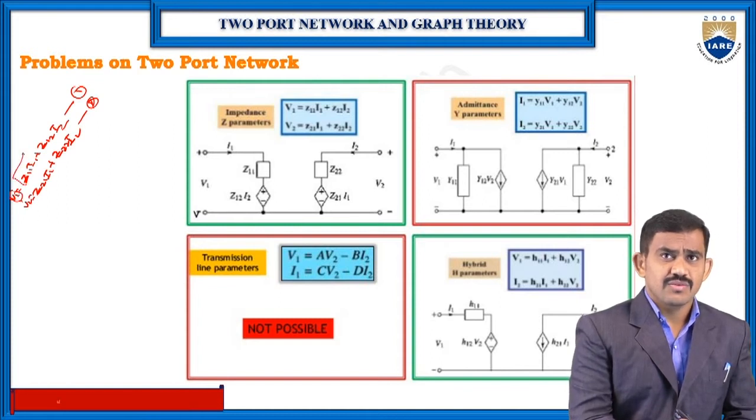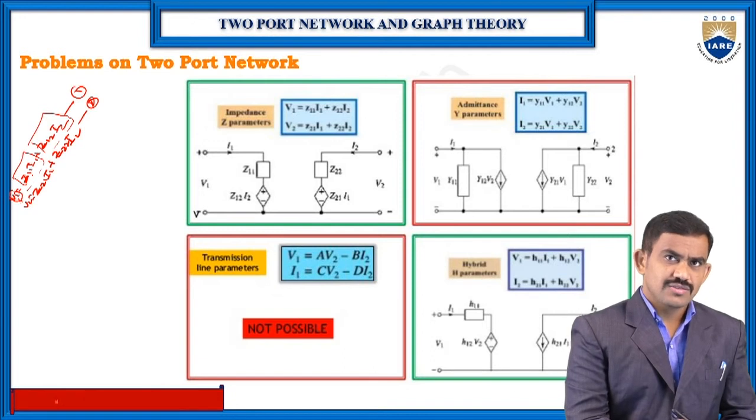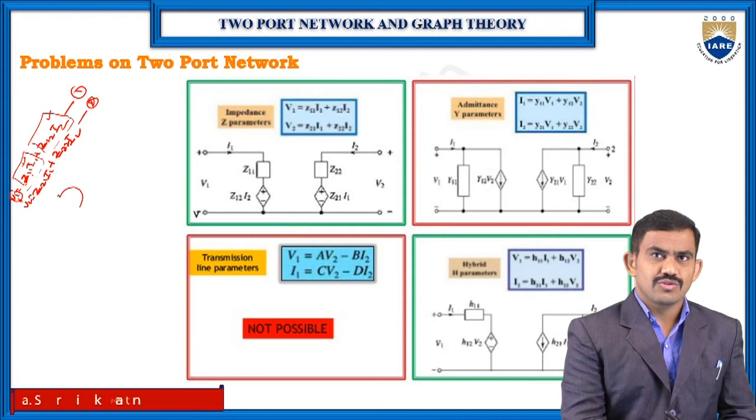So V1 is a voltage, with primary current I1 and secondary current I2. If suppose I have a closed loop, in this loop we have two impedances, Z11 and Z12.